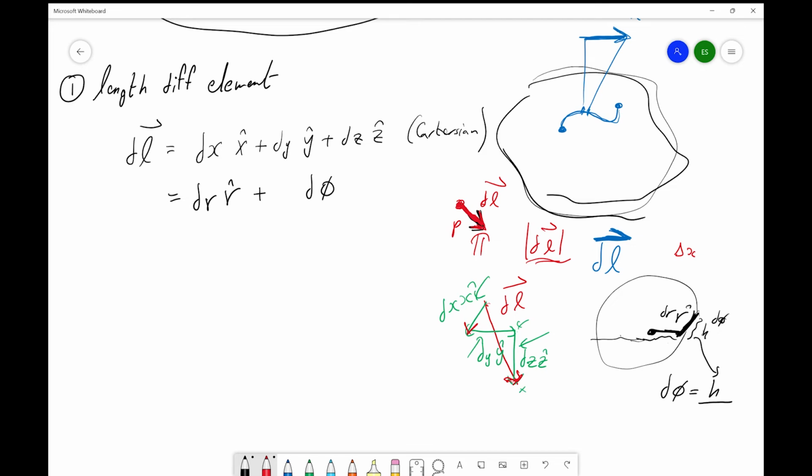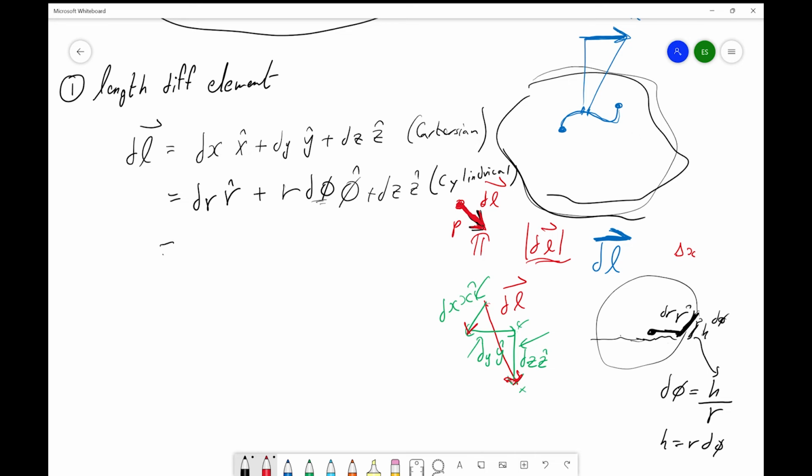The radius is just r, right? How far we are from the origin. So d phi is really h over r. So this small displacement h is just r d phi. So this is how you turn the d phi infinitesimal, which is dimensionless, into a length by multiplying it by r. R d phi gives me the length element, phi hat, and then finally dz z hat. So this is cylindrical.